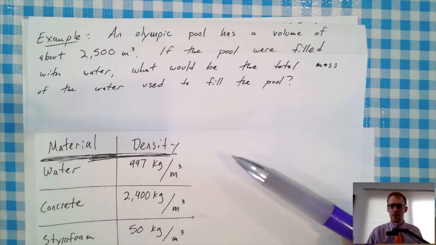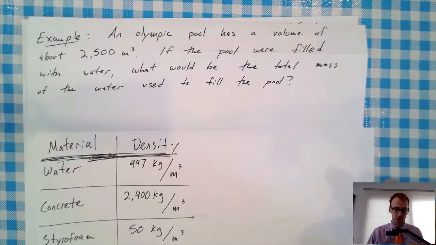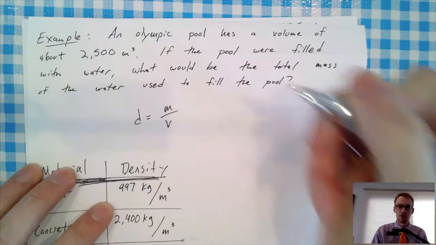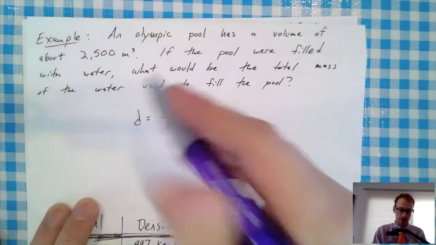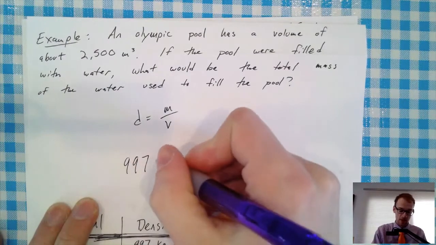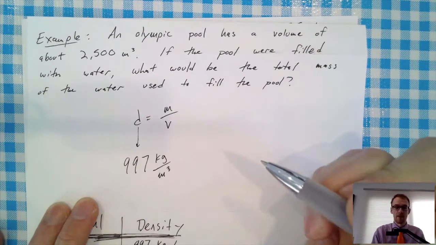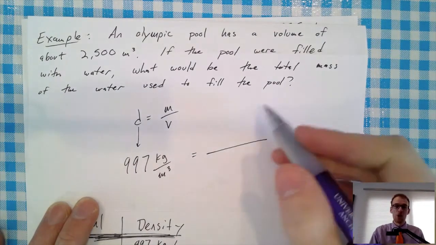So this is just a matter of multiplying two numbers. If that wasn't clear to you, let's look at the formula. We know that density equals mass divided by volume, right? Well, the density of water is right here, 997 kilograms per meter cubed. That's D. That equals m over v. Well, what's m? We don't know m.